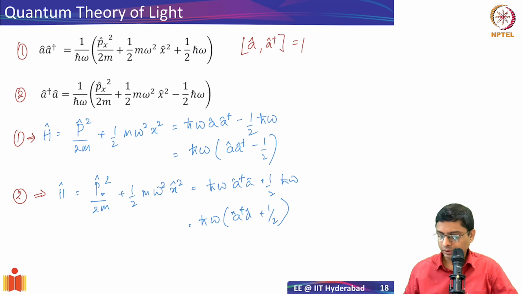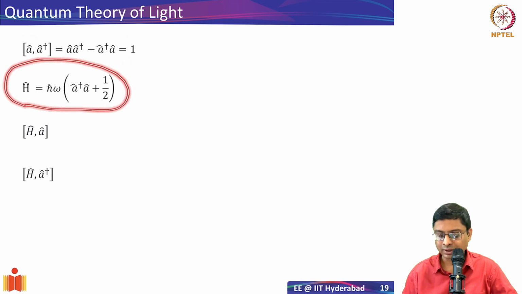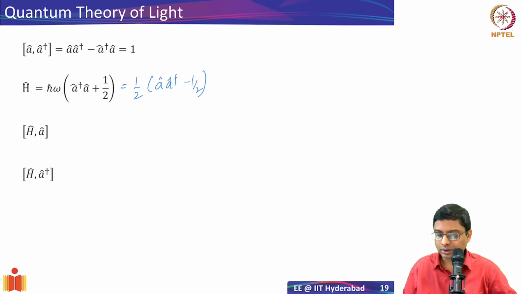Okay. So now what we have done is we have introduced this idea of commutator bracket for a and a dagger, and then we got an expression for the Hamiltonian in terms of a dagger a and also a dagger a plus half. We got this. Now what is the commutation relation between H and a? Okay, how do we find out this?